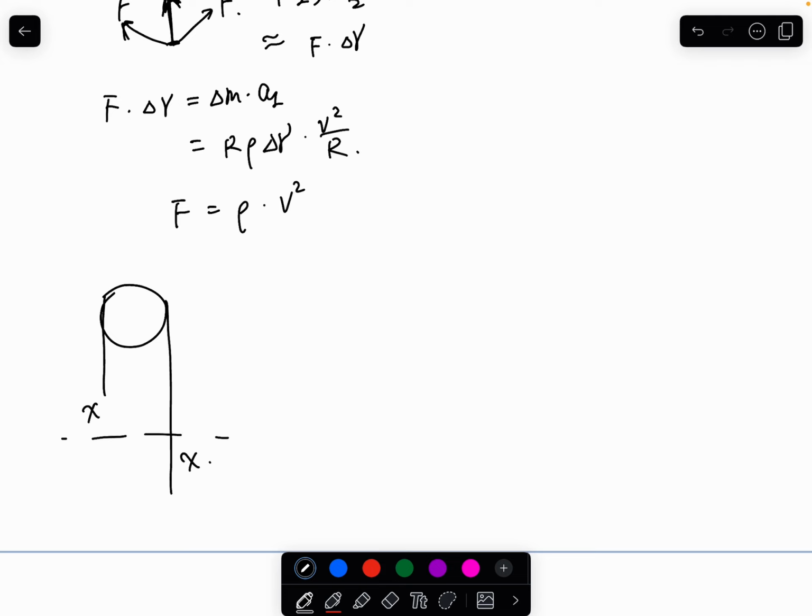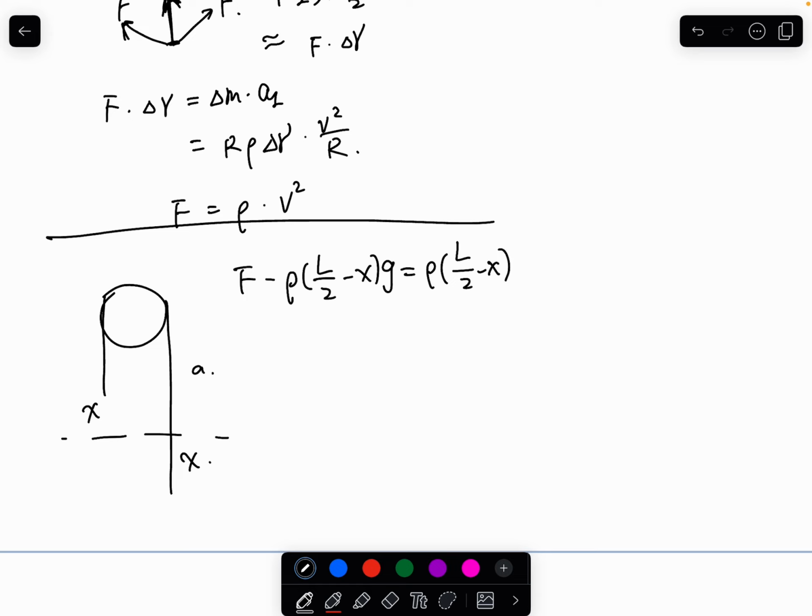This is x, this is a. We will assume the internal tension of the chain is F. This is for the left part, and for the right part, we also have that. Now you have already set up equations about F, a, and x, right?